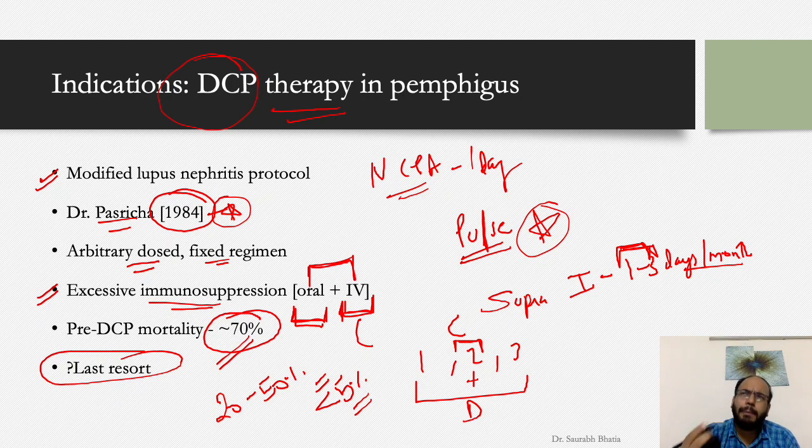So maybe DCP can be kept as a last resort, and you should always remember that whenever new drugs keep on getting introduced in the market, it's very easy to forget older drugs, but we need to remember them so that we can have multiple and more options for treating our patients. Okay.